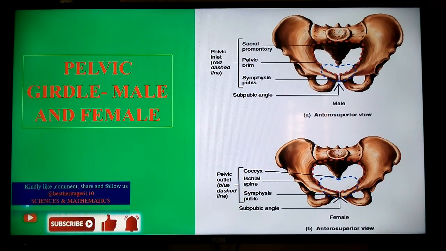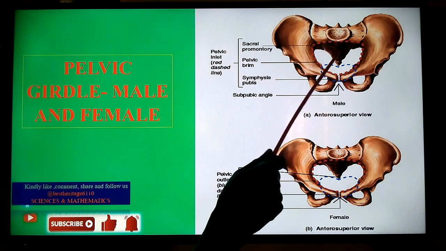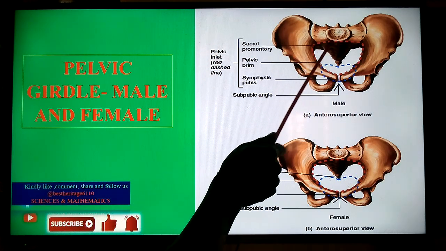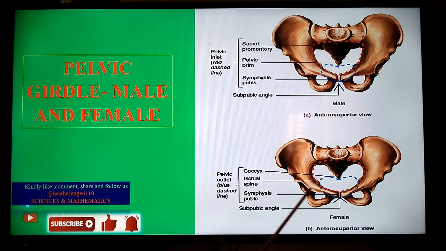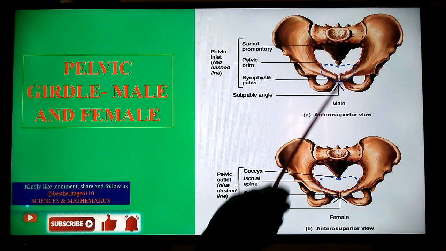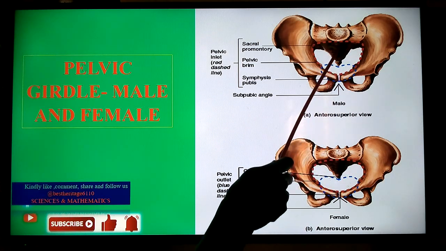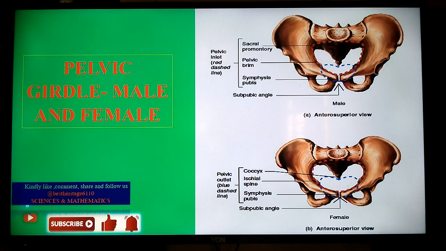So we're going to look at another difference. There's this encirclement that we have shown in red, which represents the pelvic inlet, whereas the one encircled in blue represents what we call the pelvic outlet. There's also a difference between these two parts. The red one is the pelvic inlet, which we said is heart-shaped in males and oval in females. Now, the pelvic outlet, encircled in blue, is broader and more shallow in females as compared to males.